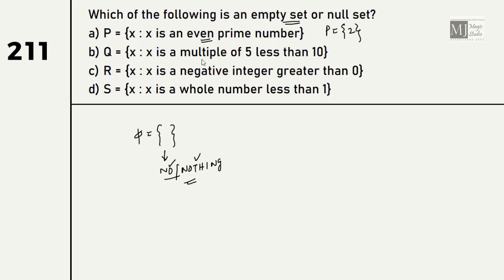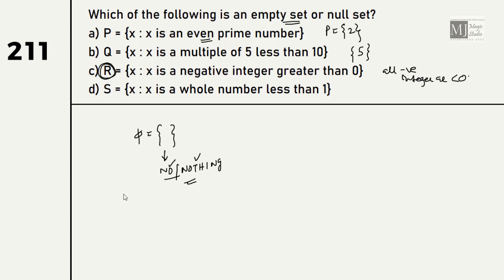For Q it is X, where X is a multiple of 5 less than 10. A multiple of 5 less than 10 may be any negative, or it may be at least 5. So this is not a null set. For R, X is a negative integer greater than 0. We know that all negative integers are less than 0.